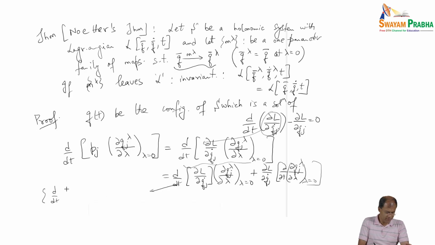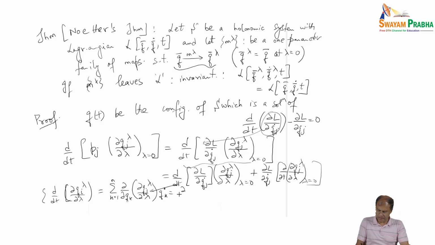The d/dt of partial q_i(lambda) by partial lambda is equal to the summation over k from 1 to n of partial q_j(lambda) by partial q_k times q_k dot, and we see that this is partial lambda times the summation of partial q_j(lambda) by partial q_k times q_k dot, right?